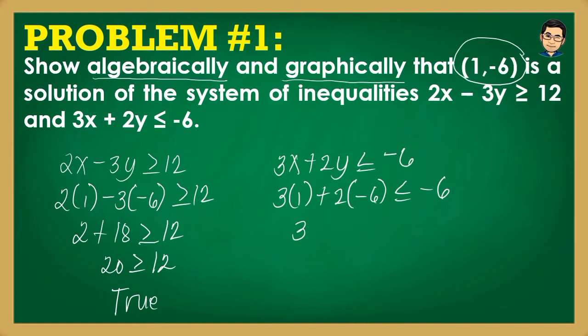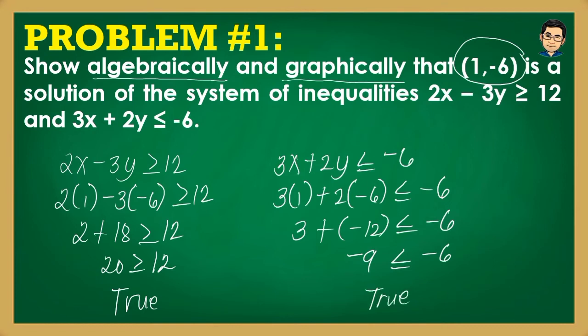And then 2 times negative 6, that is negative 12. Finally, 3 plus negative 12, that is negative 9, is less than or equal to negative 6. Is negative 9 less than or equal to negative 6? Yes. So this is also a true statement.